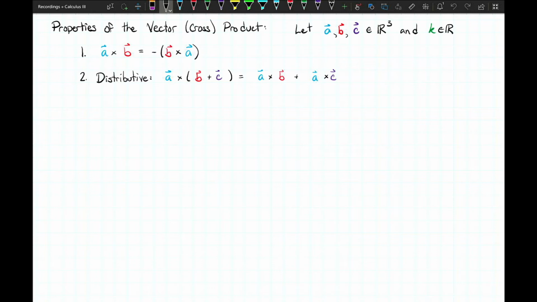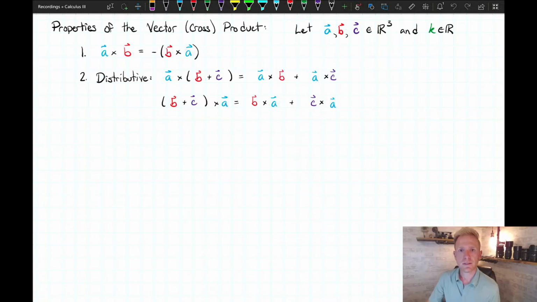The commutative property means we have to be very careful about which way we are distributing. This would mean that if we want to take the sum B plus C and have the result (B plus C) cross A, then we have to distribute from the right, and we cannot say that these two are equal to each other. In fact, once again, by that first property, they're going to be equal magnitude, but in opposite direction.